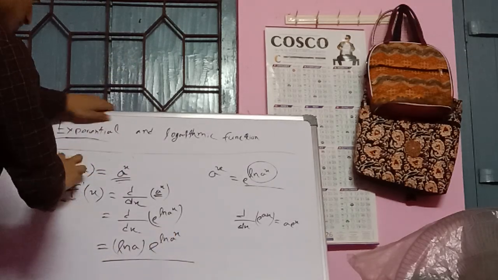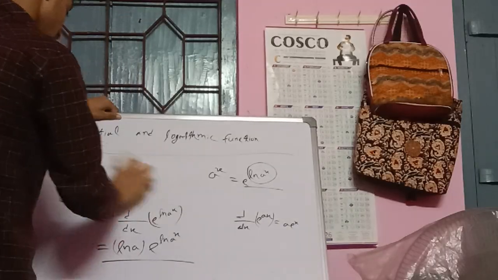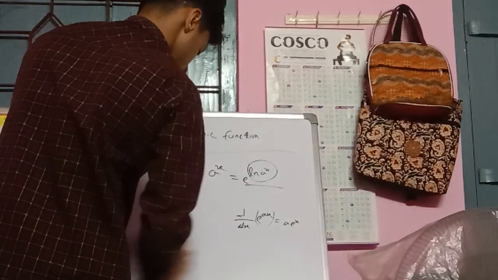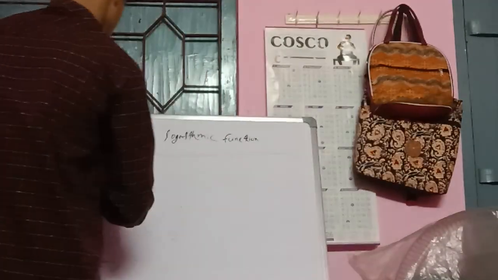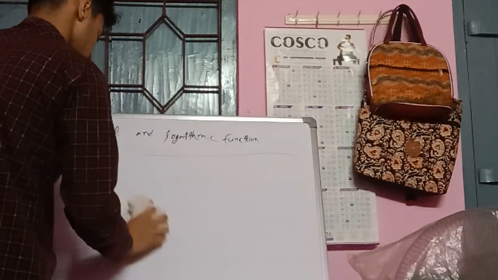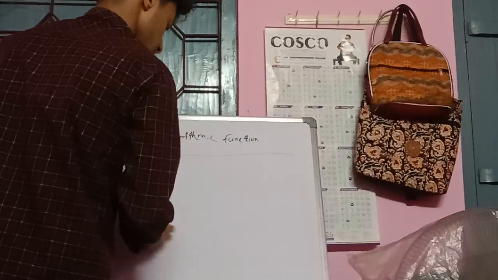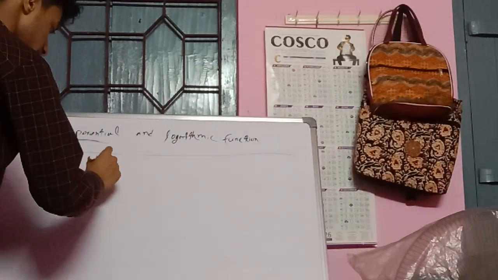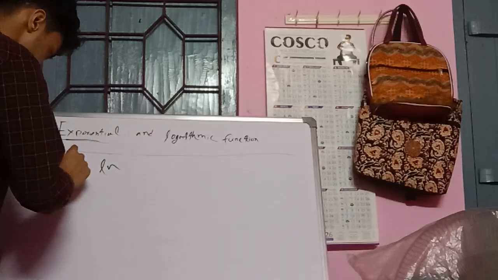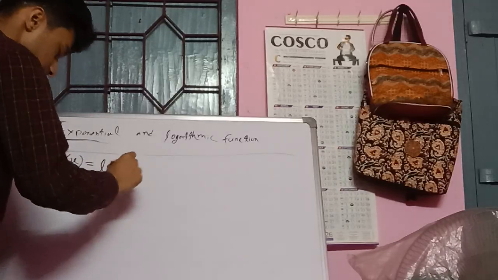Now, what does the derivative of a logarithmic function look like? First of all, we will find the derivative of a logarithmic function with base e, the natural logarithm, f of x equals ln x.